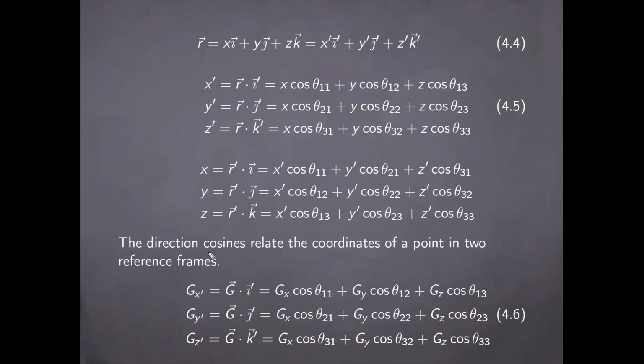So the direction cosines relate the coordinates of a point in two reference frames. And obviously what was true for the radius vector is true for an arbitrary vector. And we can always, for example, write the primed components of the vector in terms of the laboratory components or the other way around.